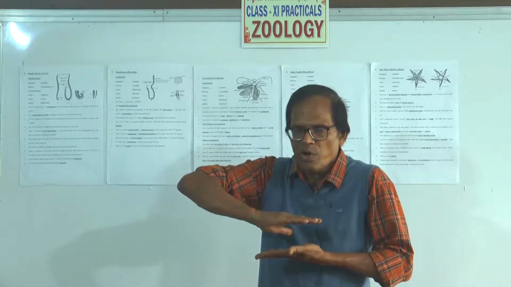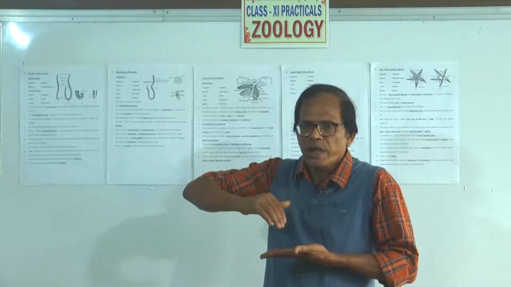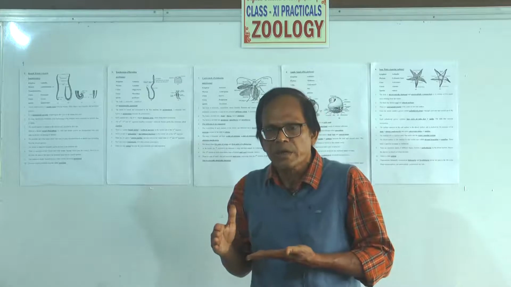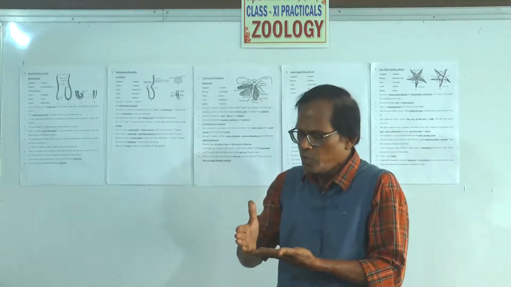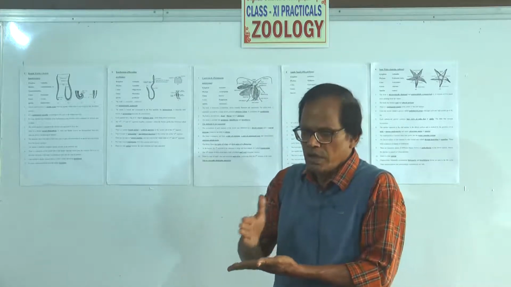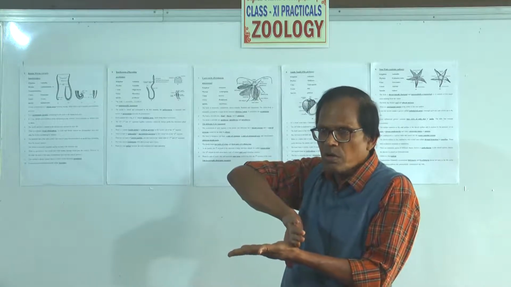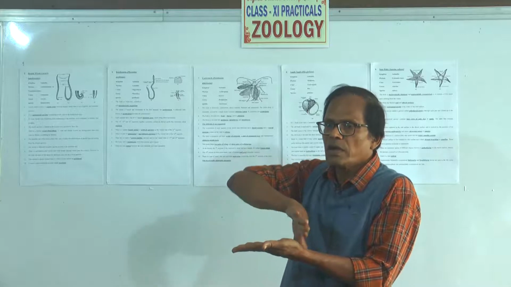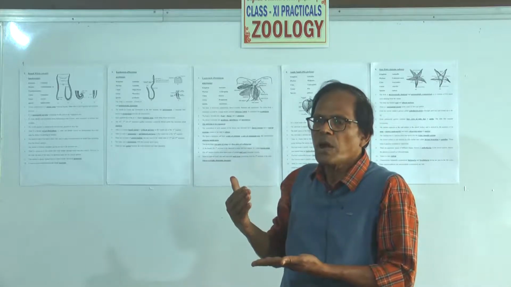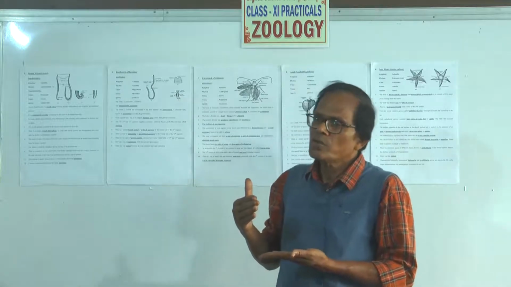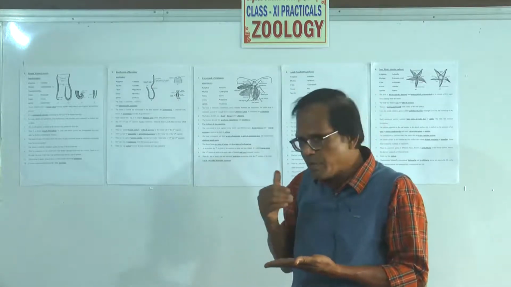The tergum and sternum will be joined together on two lateral sides by relatively thinner pleura. So here will be one pleuron, here will be another pleuron. Singular is pleuron, plural is pleura. Similarly, tergum and terga, sternum and sterna. These are two forms of the same word.